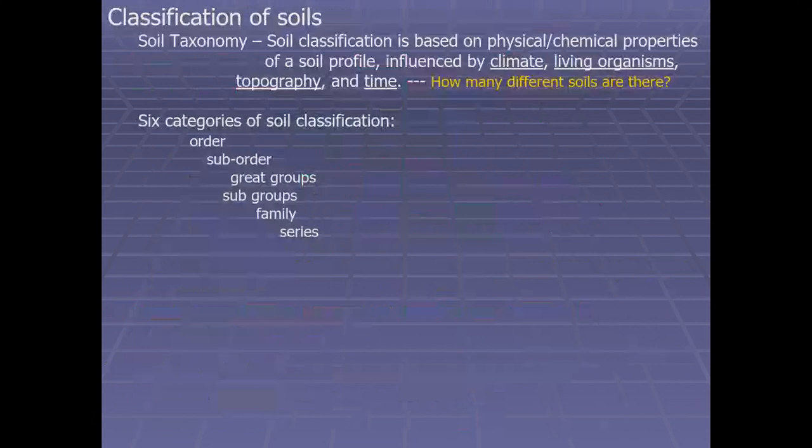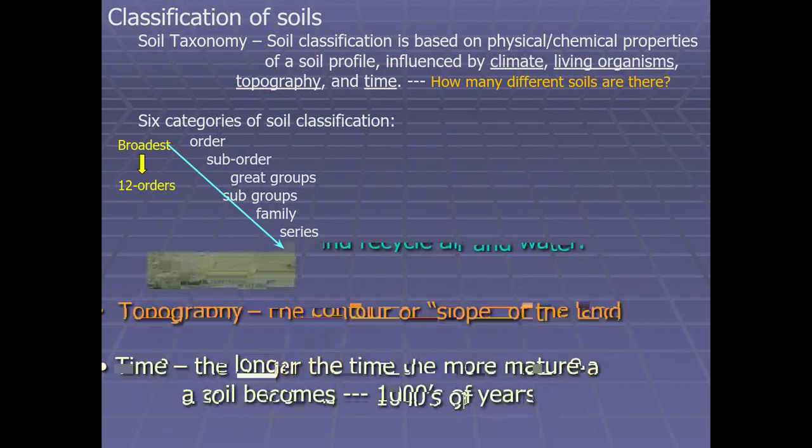Typically the order will represent the broadest set of soils based on describing the physical and chemical properties. There are about 12 broad orders that can be classified across the world. You can take the order, break it down into suborder, then great groups, then subgroups, family, and finally you get the series.